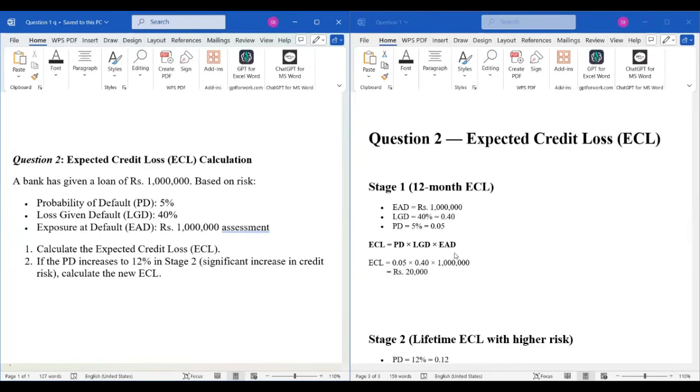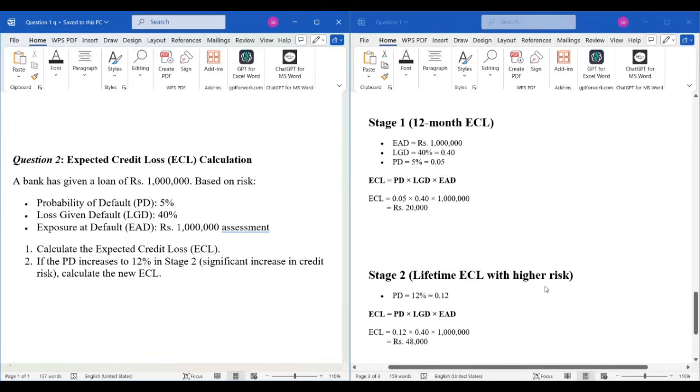Probability of default is 5%, loss given default is 40%, and exposure at default is 1 million. So we simply have to multiply these three things. So the expected credit loss will be 20,000.